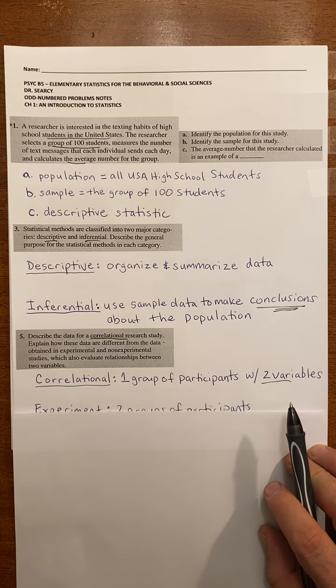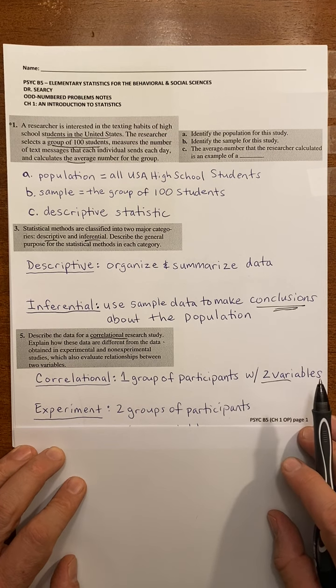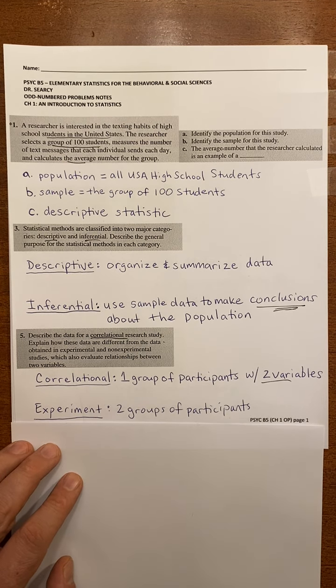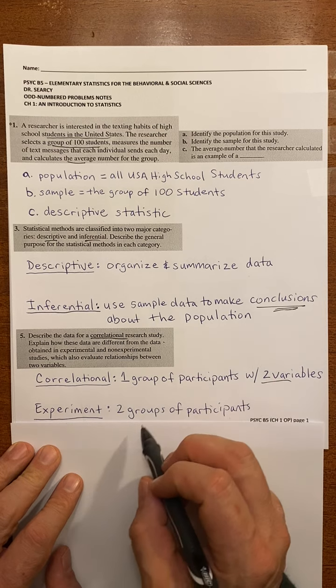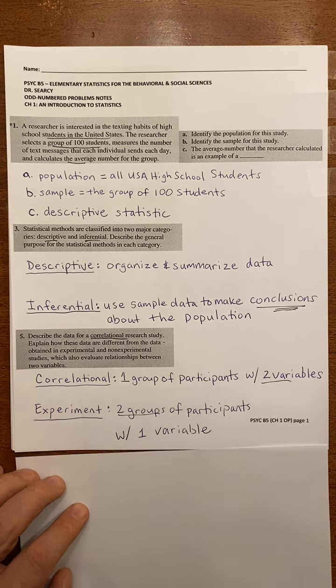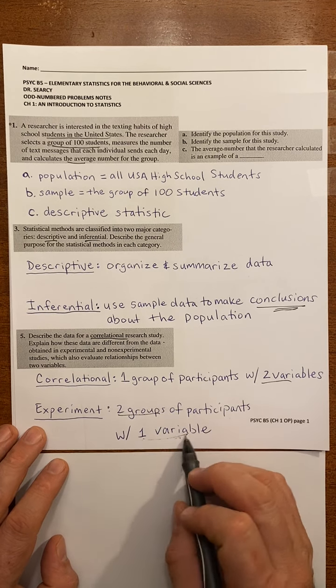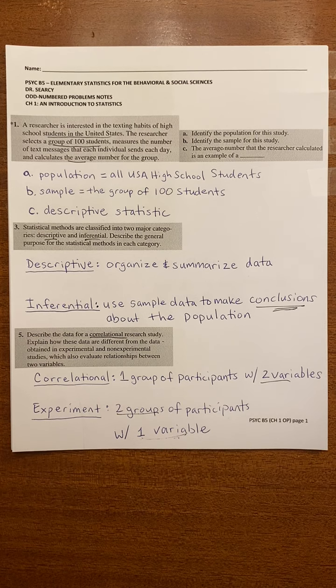From there, though, we can also talk about what an experiment is doing. Here, we would say that in an experiment, we are generally using two groups of participants, and we're measuring one variable with those two groups. I really didn't get into the lecture, so I'll just give you an example.